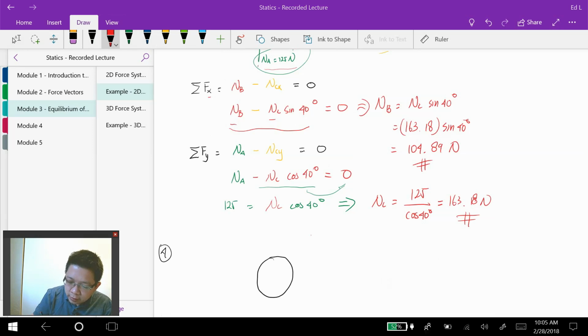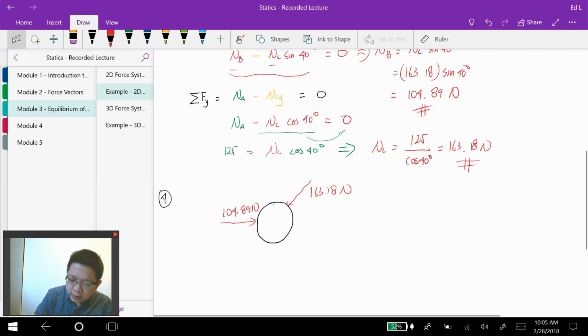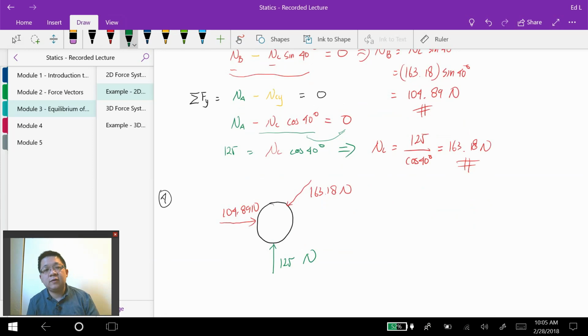So right now I know that NC right here is 163.18 Newton, and I know that NB is 104.89 Newton, and I know that in here is 125 Newton, and NA is 125 Newton. Okay, I hope this is clear, and thank you for listening.